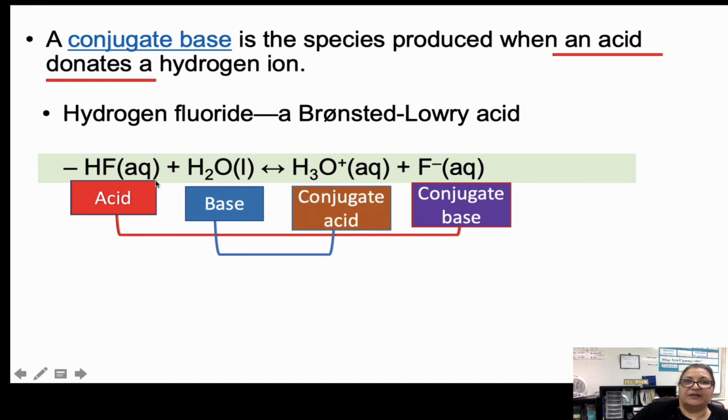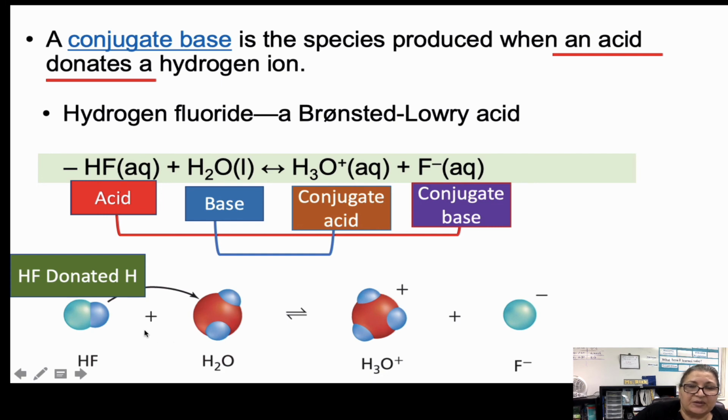So we know that hydrogen fluoride is an acid, so that means water has to be the base. And then we just keep track of fluorine, that's the conjugate base, and water gains, so it becomes the conjugate acid.